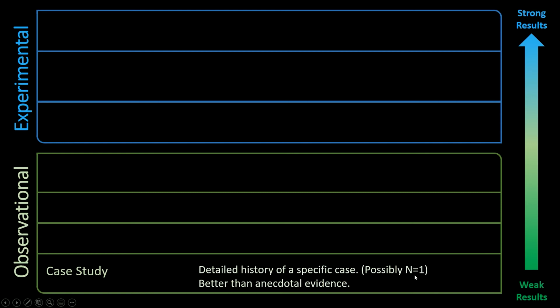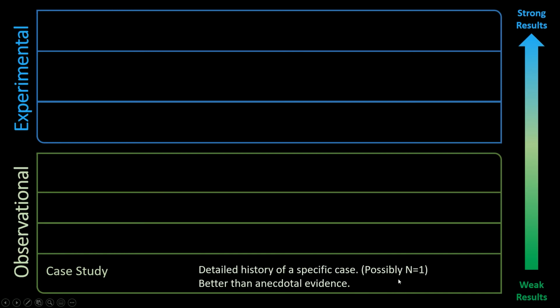N is the sample size. 1 is the number of subjects. So that would be a sample size of 1, that one guy going around. So a case study is like anecdotal evidence, except that it's very, very detailed and it's being conducted by someone with a scientific background in order to write it all down.